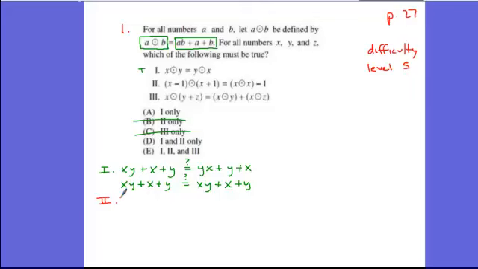All right, I'm going to go ahead and test Roman numeral 2. The same thing, but this time my a's are going to be replaced by the binomial x minus 1, and my b's are going to be replaced by x plus 1. So I get x minus 1 times x plus 1 plus x minus 1 plus x plus 1. So there's my left side.